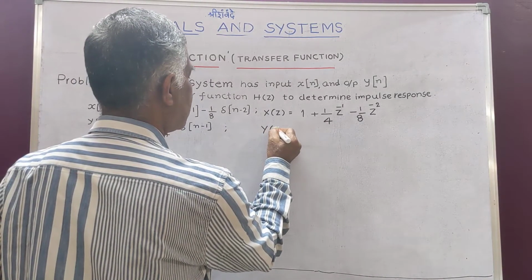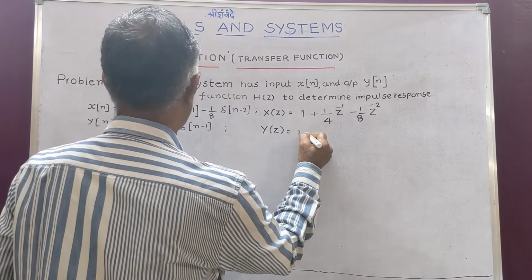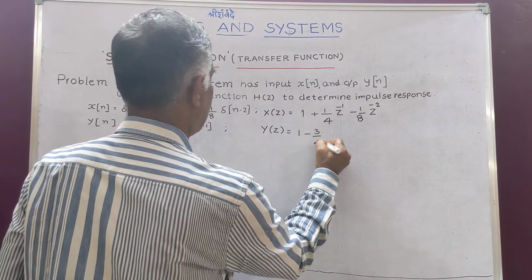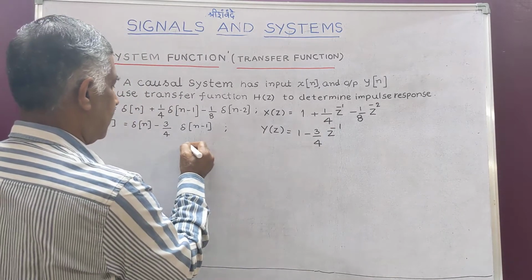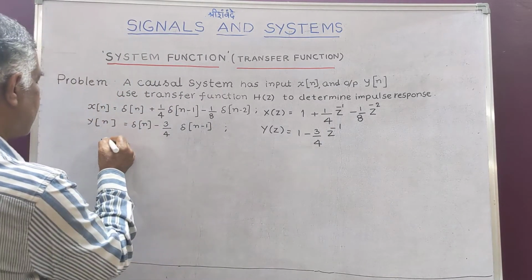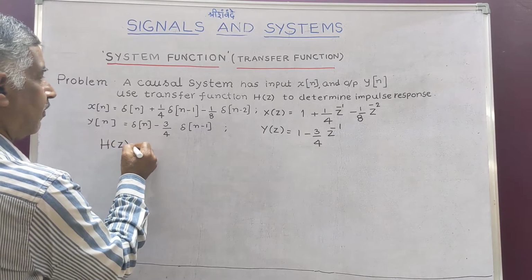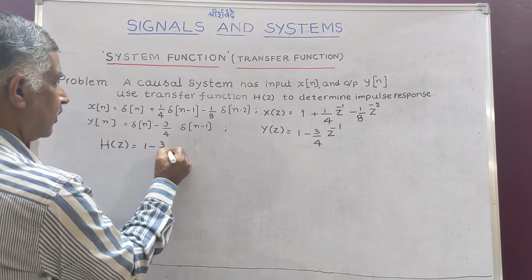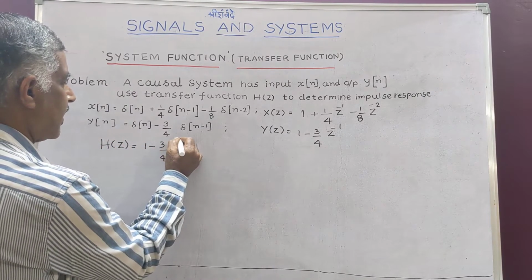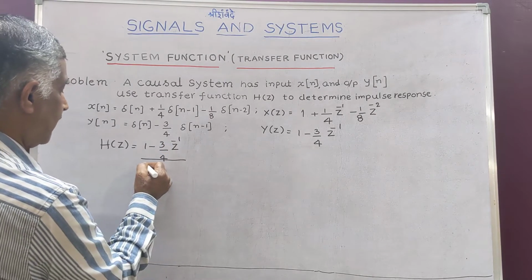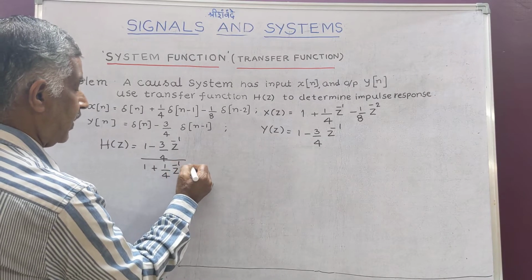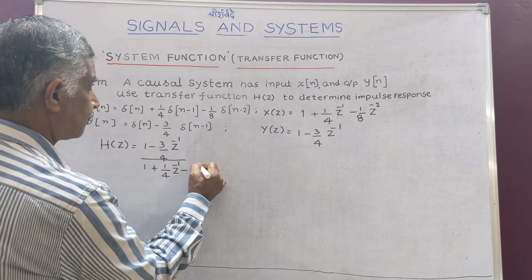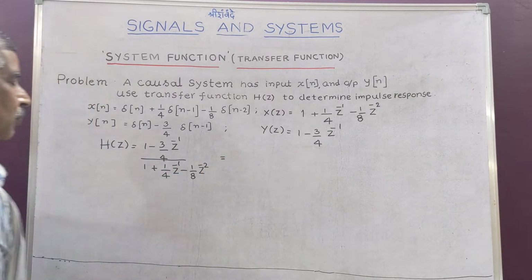Y(z) equals 1 minus 3 by 4 z to the power of minus 1. Now what is H(z)? H(z) equals Y(z) by X(z). X(z) is 1 plus 1 by 4 z to the power of minus 1 minus 1 by 8 z to the power of minus 2.